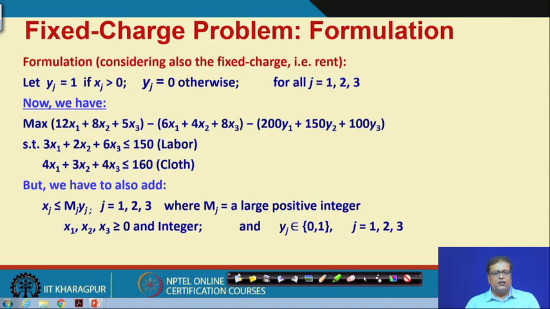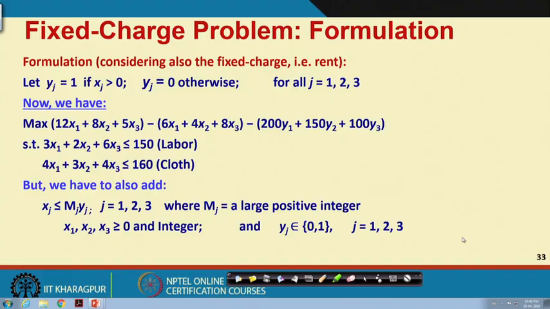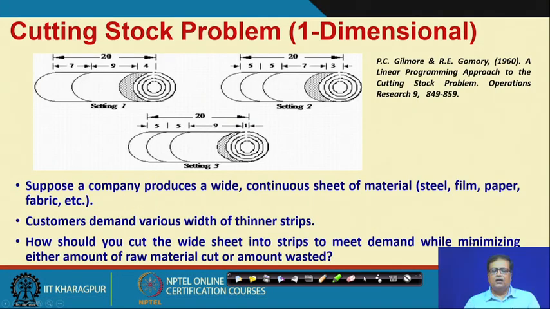So, let us see how we model our next one, that is the cutting stock problem. A picture has been depicted from Gilmore and Gomory's paper, which is one of the very fundamental works on such cutting stock problems. We have understood that there is a continuous sheet and customers demand various widths.